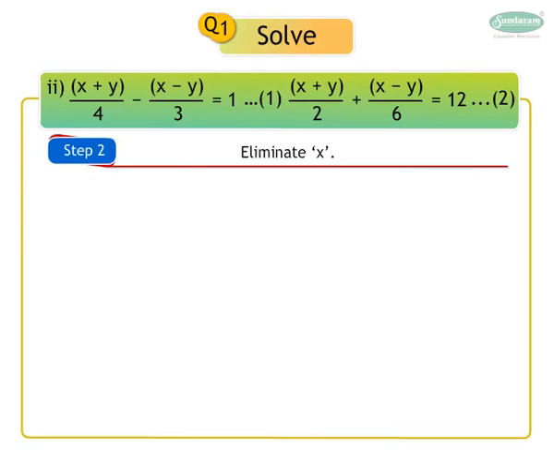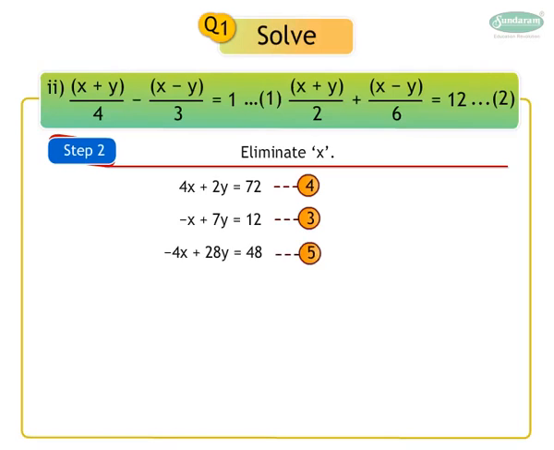We have equation 4 as 4x plus 2y is equal to 72 and equation 3 as minus x plus 7y is equal to 12. Hence we multiply equation 3 by 4. We get minus 4x plus 28y is equal to 48. We call it equation 5.